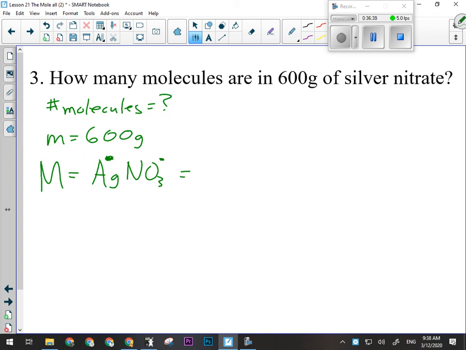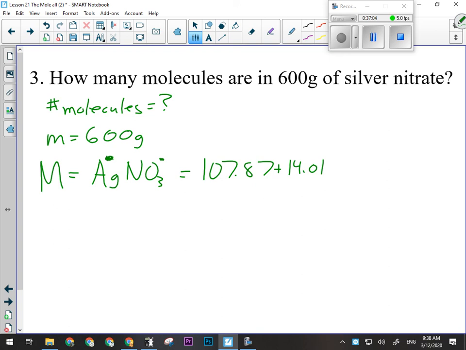Silver's 105.95. No, 107.87. Way off. 107.87. There's only one of it. How many nitrogens are there? One, because that little 3 only applies to the oxygen.